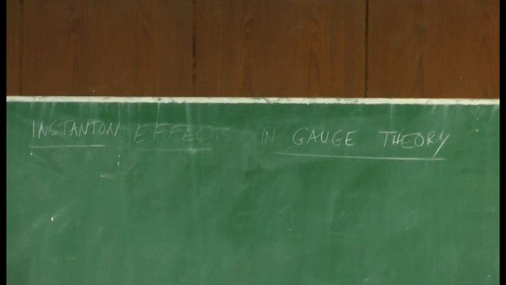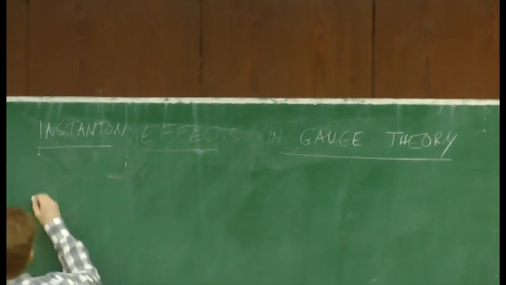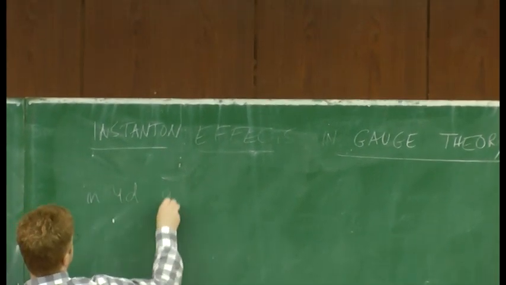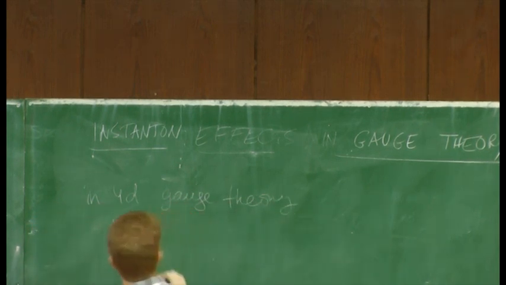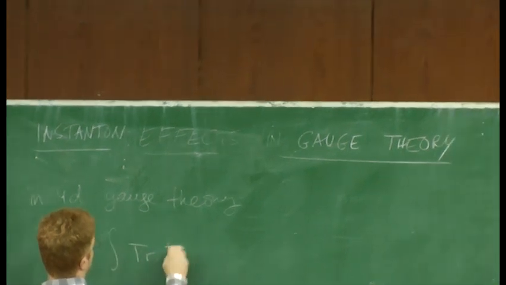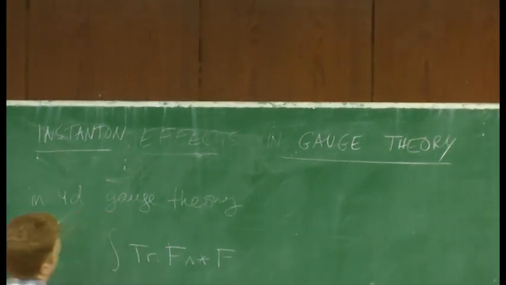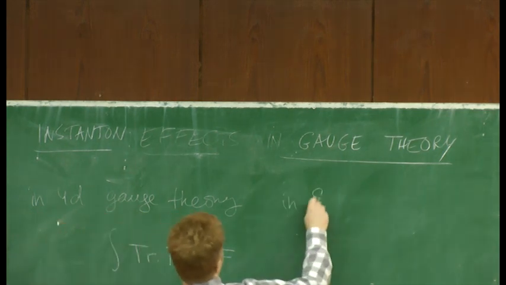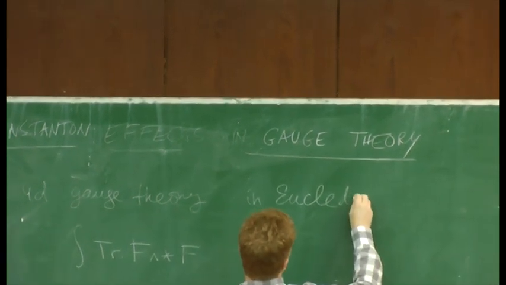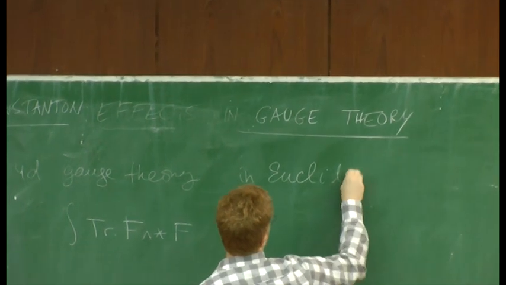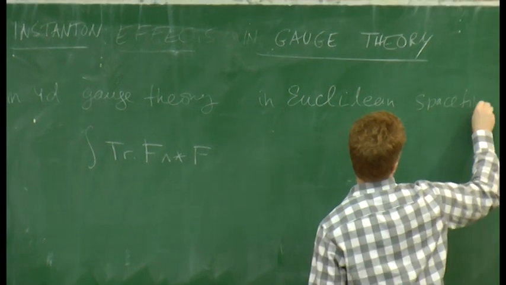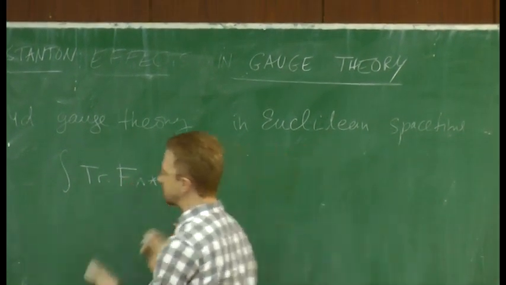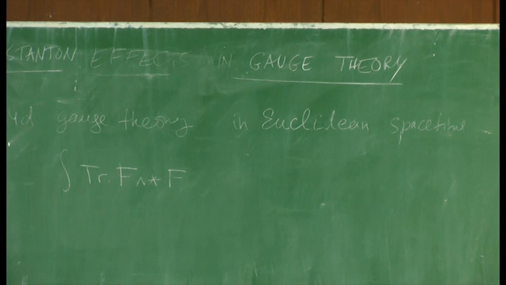First of all, let me remind you what the instanton is. So in four-dimensional gauge theory, in Euclidean space-time, the Yang-Mills action, E squared plus B squared, is positive definite.